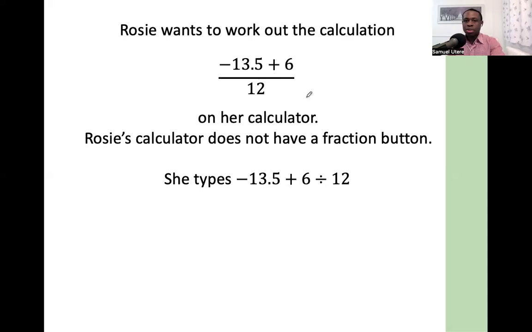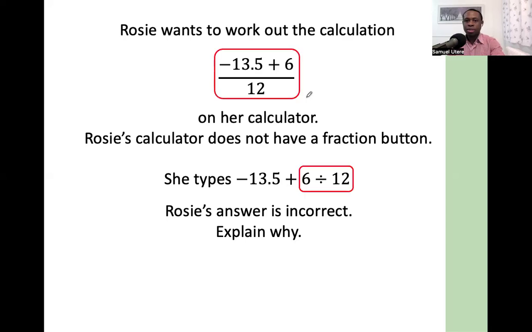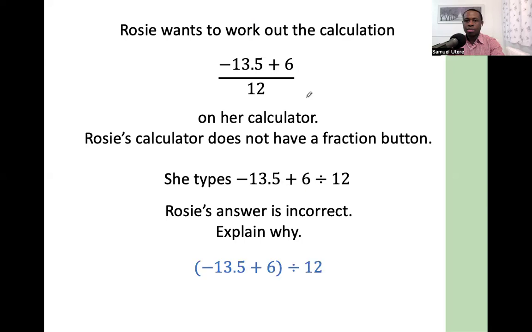To address this problem, Rosie has to use brackets. Remember, BIDMAS is telling the calculator what to do first. So without the fraction button, this is what Rosie would do.